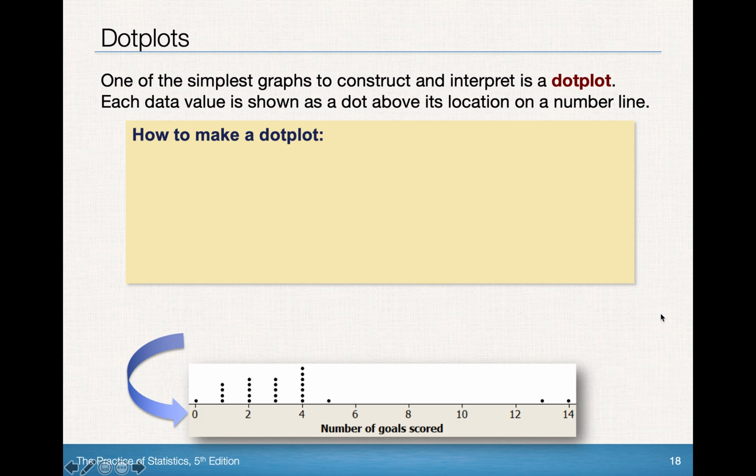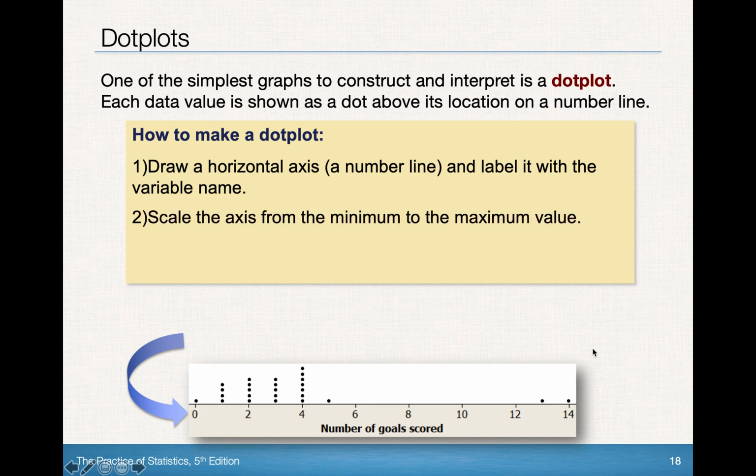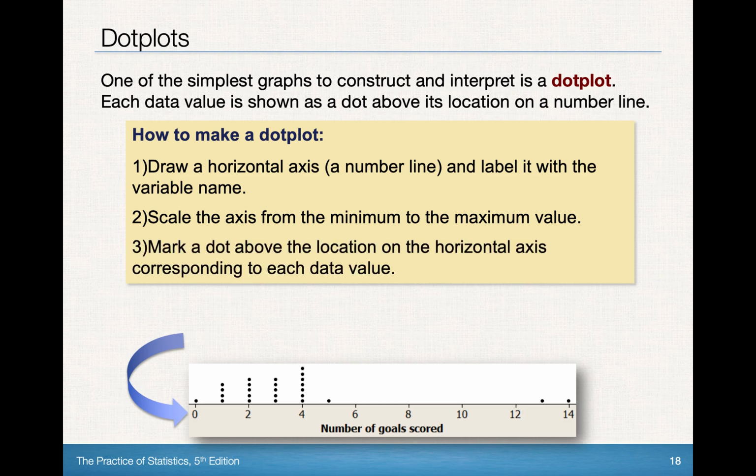So how do we make a dot plot? Well, we want to draw a horizontal axis and label it with a variable name. So in our case, we drew a horizontal axis and we called it number of goals scored. We want to scale the axis from the minimum to the maximum value, and just like we did with our categorical variables, make sure your scaling is accurate and consistent. And mark a dot above the location on the horizontal axis corresponding to each data value.